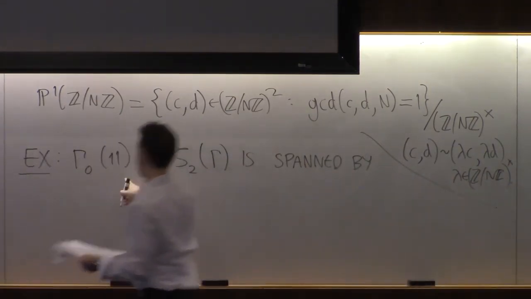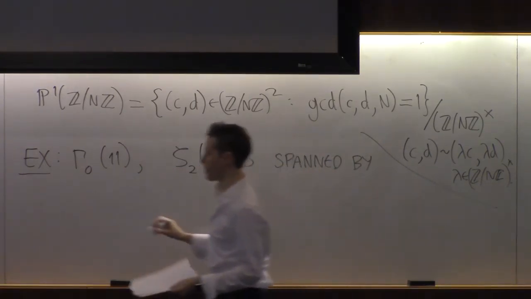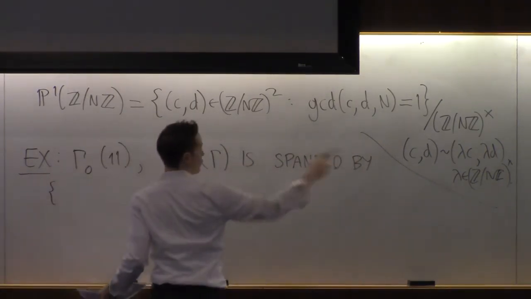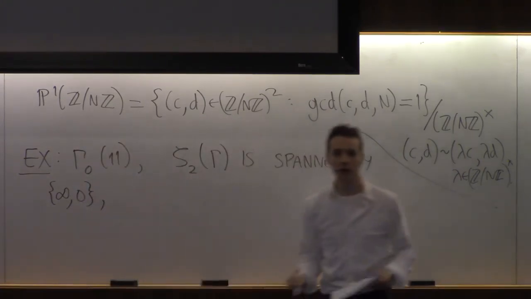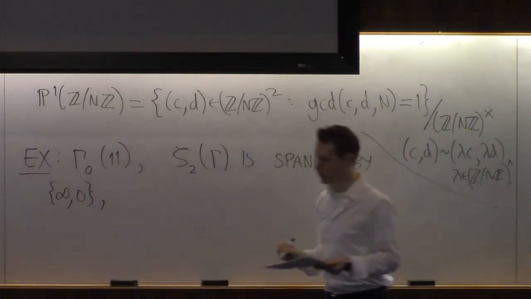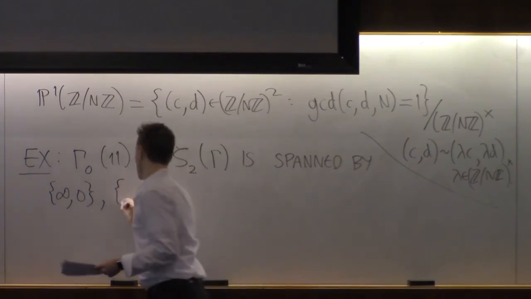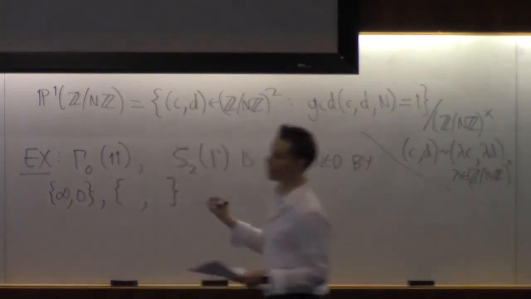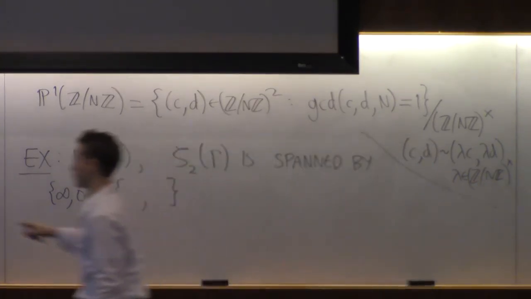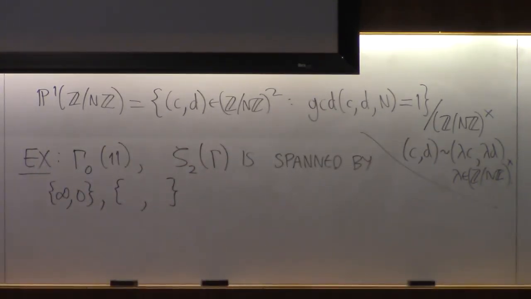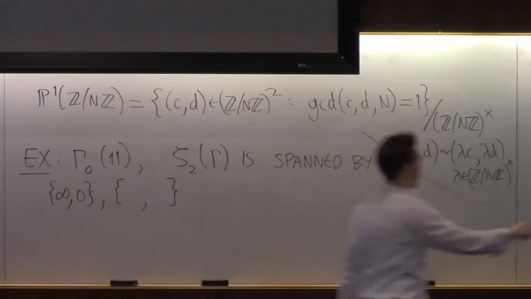So what does that say for gamma 0 of 11? Well, first of all, I have to hit infinity, 0 with the identity matrix. All right, that's the easy one. What comes next? You guys help me? Are you still awake? What do you do if you hit this matrix and you LFT this? What do you get?